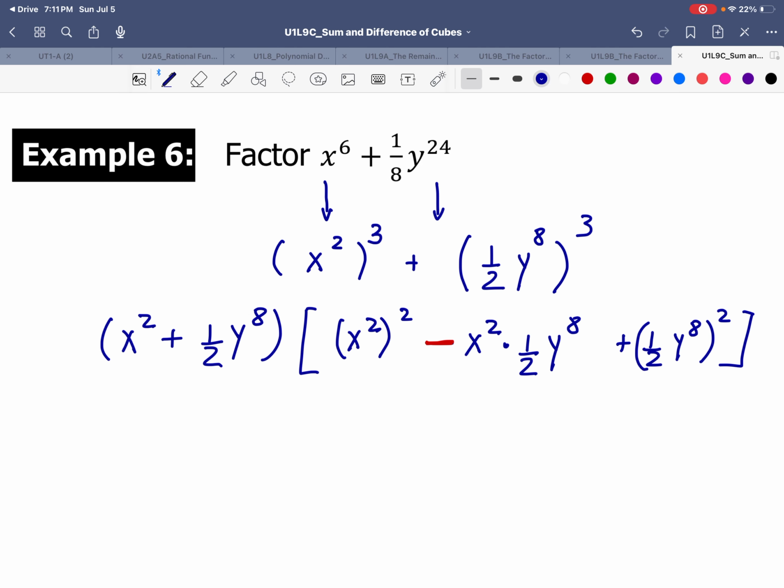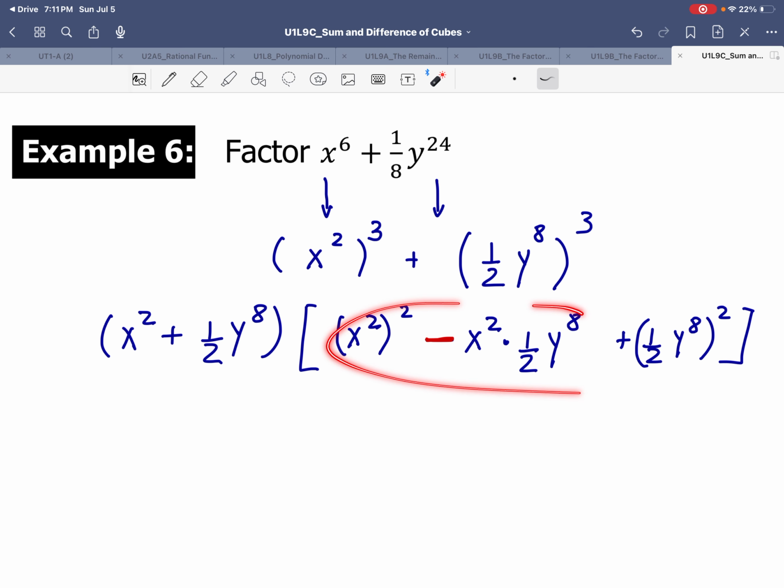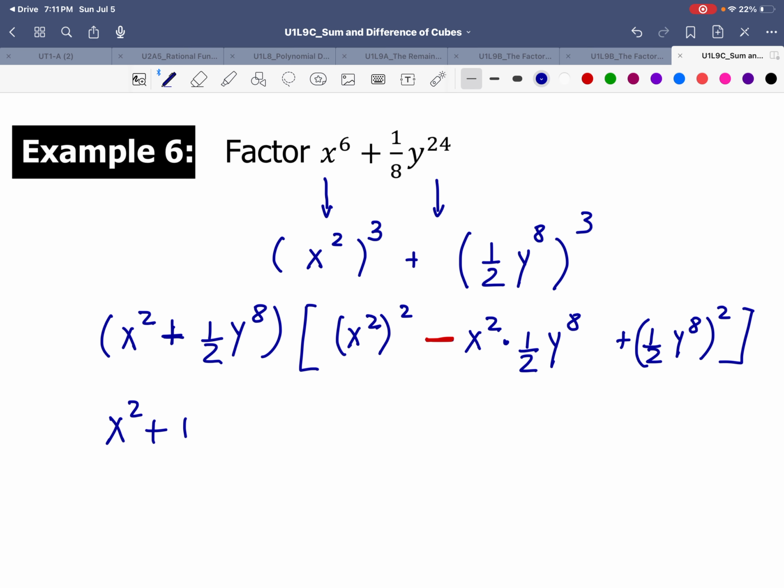And we're going to write this in a slightly more simplified form, so we want to write this in a neater form. Remember that the sum of squares is not factorable, and this is not a perfect square number regardless, so nothing changes for the first factor.